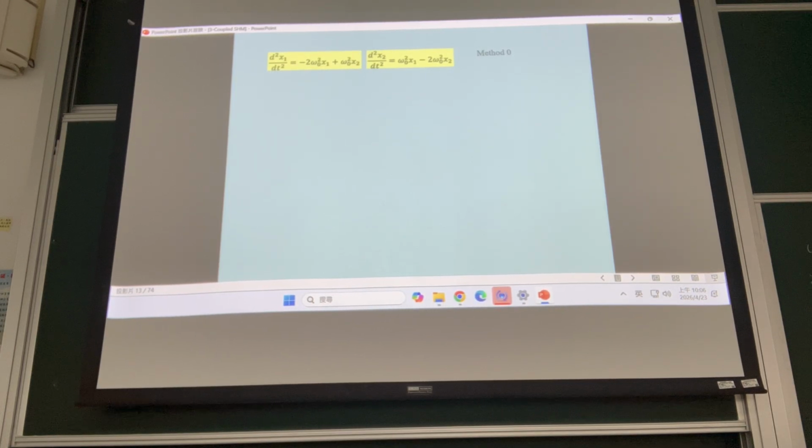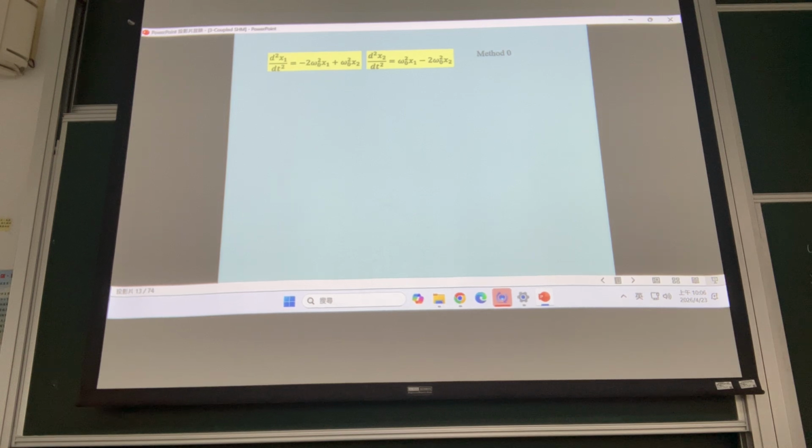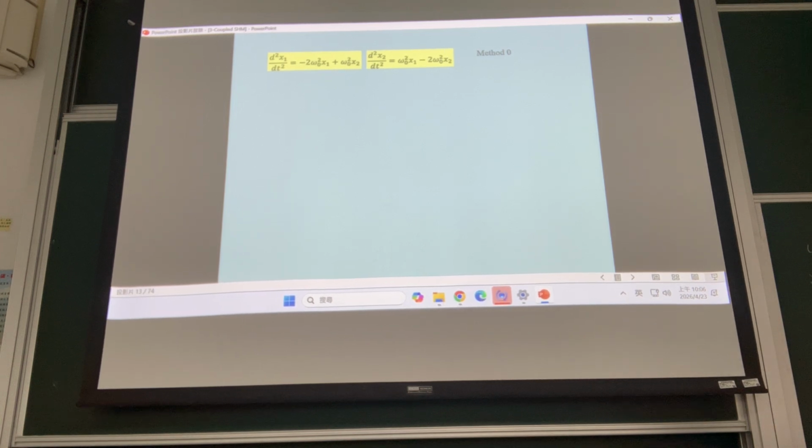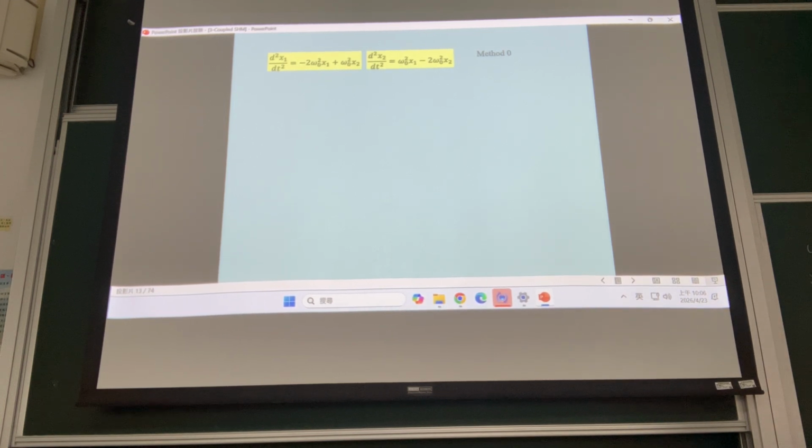According to Feynman, if you cannot solve a problem in 3 different ways, you don't understand the problem. Okay, so that's why I'm going to tell you 4 different ways to solve this question. And all of them are very, very interesting and very, very important. Okay, so let's start with the simplest one, the most intuitive one, method 0.